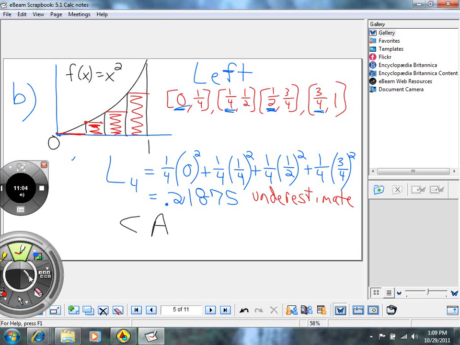Let me write it. 0.21875 you said, and it has to be less than 0.46 because we had all these rectangles that were above it.